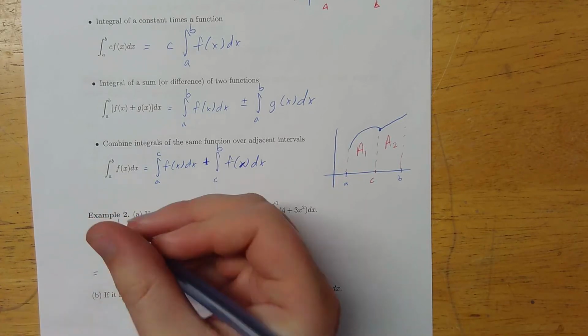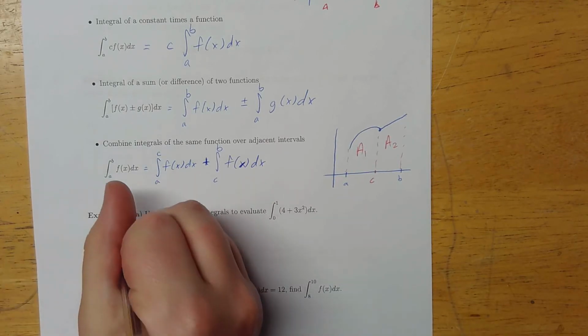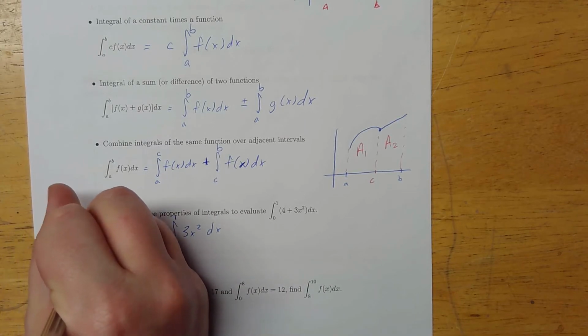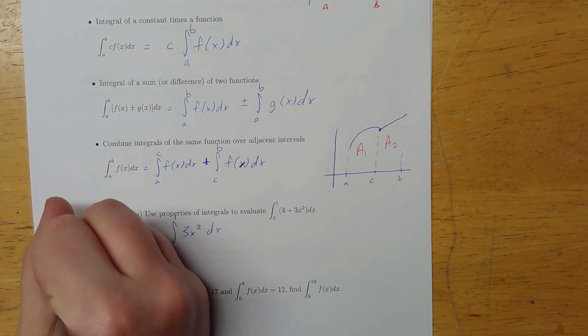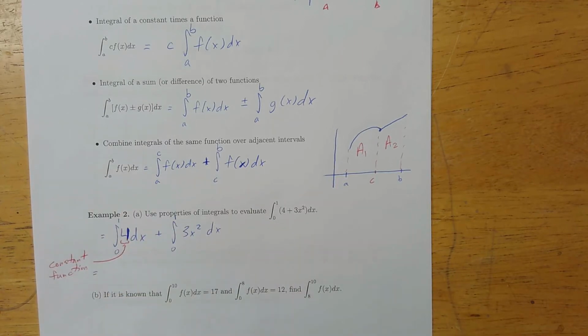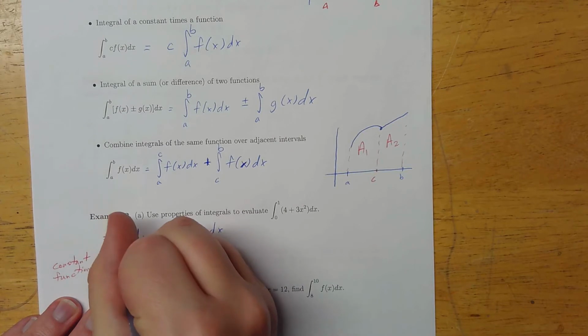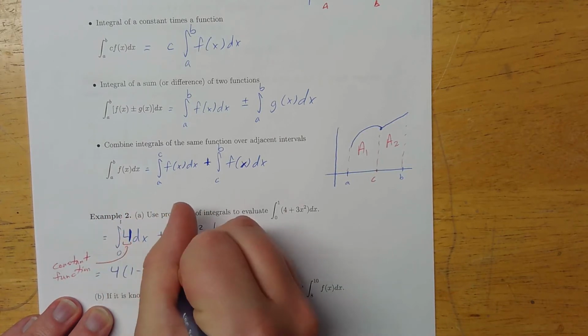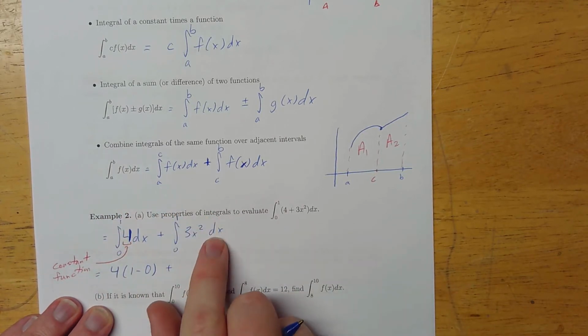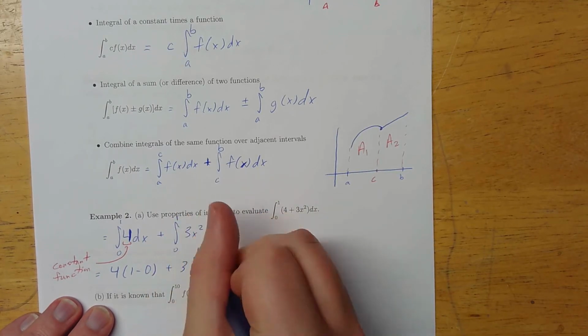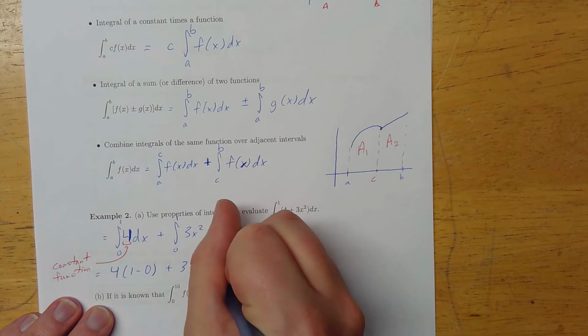Here, 4 is a constant, so this is a constant function. The first integral will just be 4 times 1 minus 0. Now we still need to add this other integral. 3 is a constant, so we can pull it out. So 3 times the integral from 0 to 1 of x squared dx.